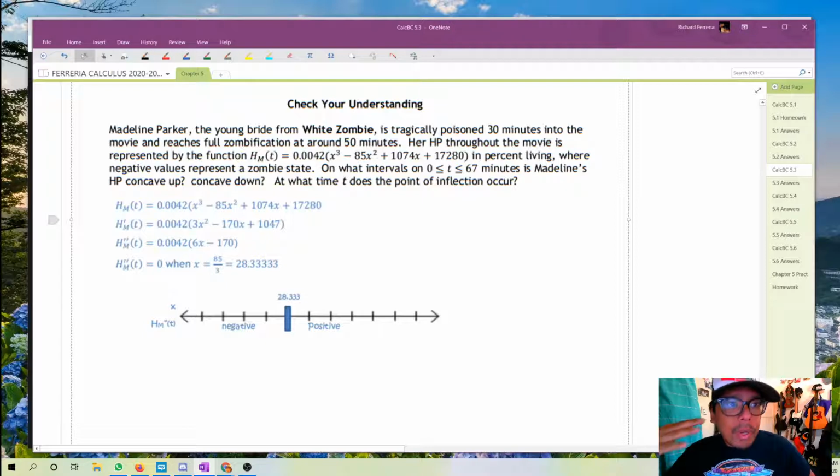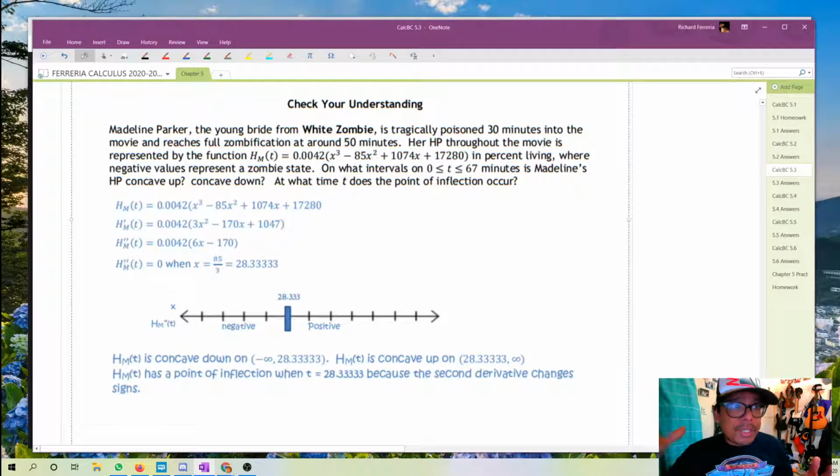Next, let's put together a number line using the second derivative. To the left of 28.333, we've got a negative second derivative. To the right of 28.333, we have a positive second derivative. So since the second derivative changes sign, concavity also changes. And if concavity changes, that means we have a point of inflection.